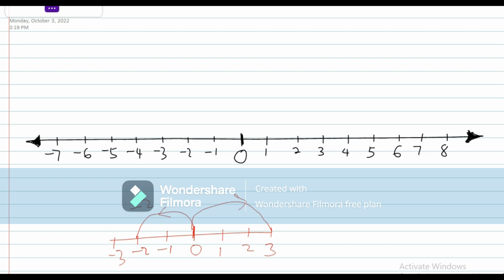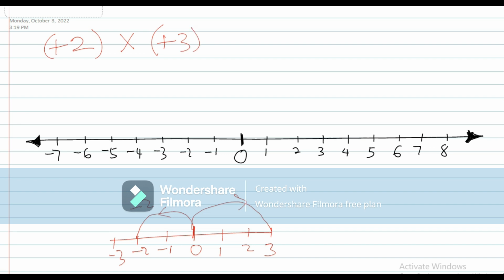So now we have the challenge. We have positive 2, that's what we want to multiply by positive 3.